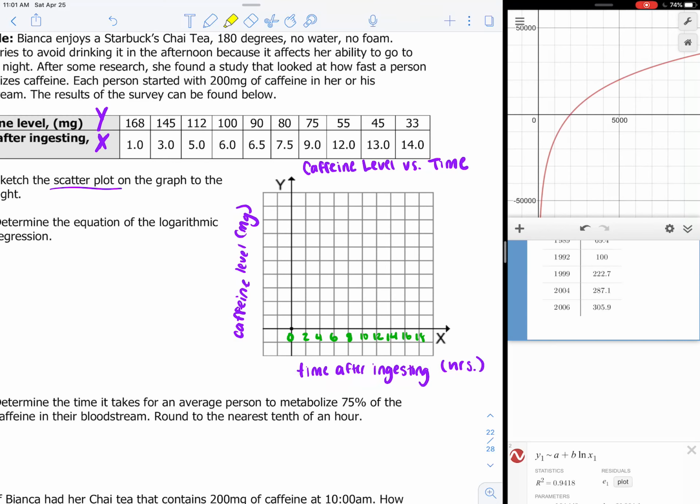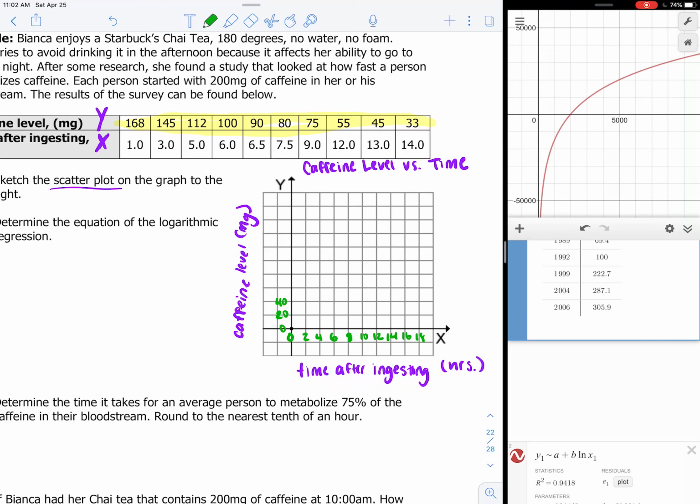In terms of our Y, we need to figure out a scale for that. Obviously, we can't go up by 1s. We're going up from 0, essentially, to 168. We won't be able to go up by 10s either. There won't be enough lines. But what if we try going up by 20s?